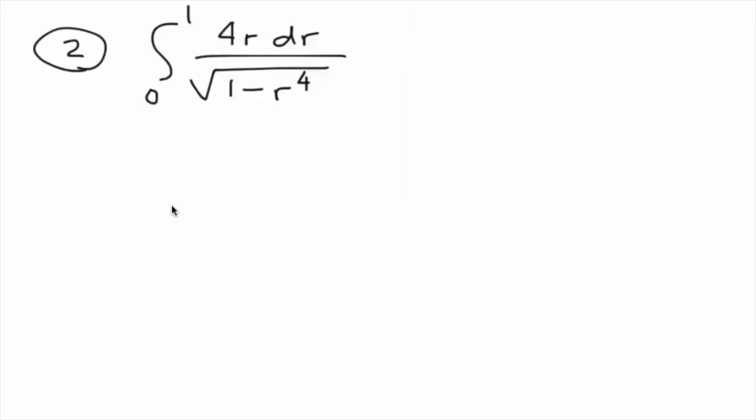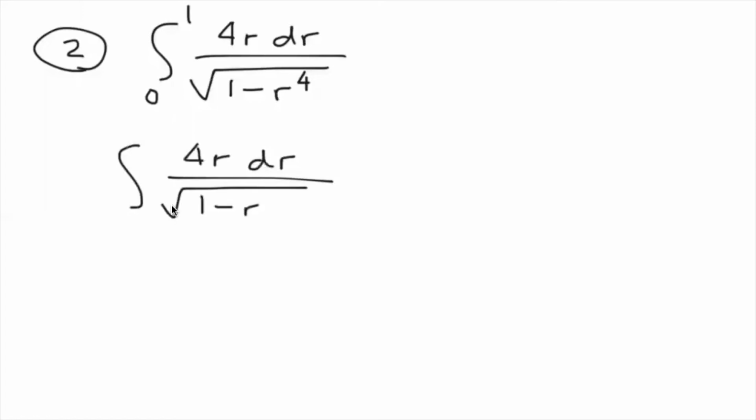So what I'd like to do with this one is to deal with the antiderivative first, because this is an interesting enough problem without it being an improper integral. So let's do this part. We'll get our antiderivative, and then we will deal with the improper integral part at the end.